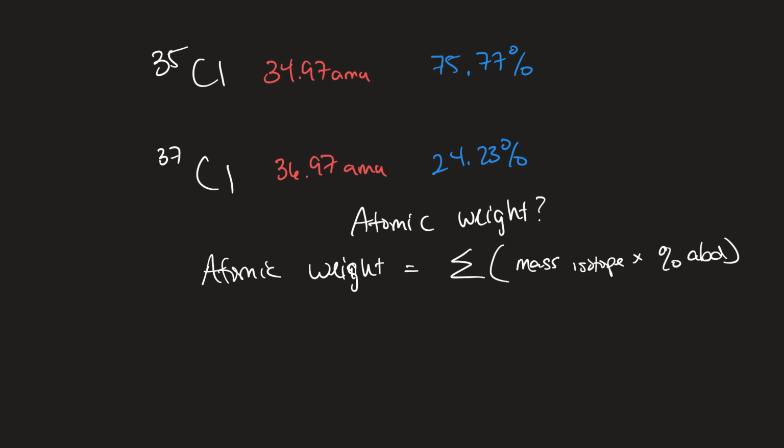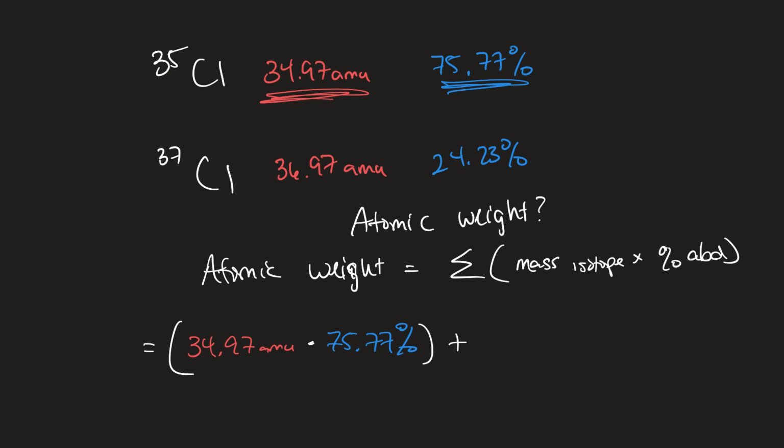With chlorine, the atomic weight, we have the first isotope, which has the mass of 34.97 AMU, multiplied by its percent abundance here, 75.77%. And we're going to add it because there's another isotope.